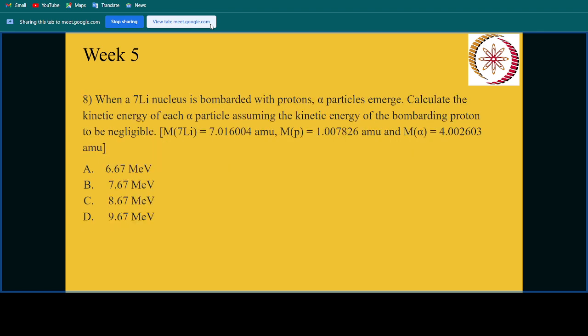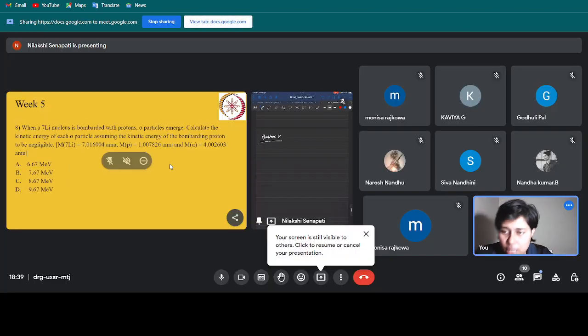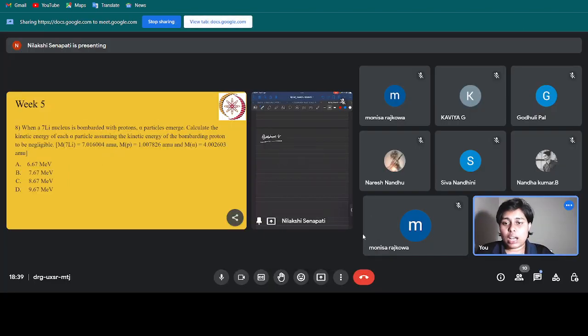Now question 8. Question 8 is telling, when a 7 lithium nucleus is bombarded with protons, alpha particles emerge. Calculate the kinetic energy of each alpha particle, assuming the kinetic energy of the bombarding proton to be negligible.